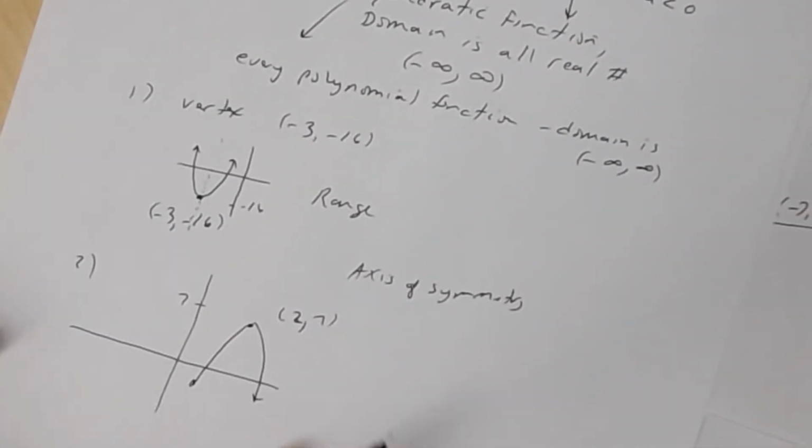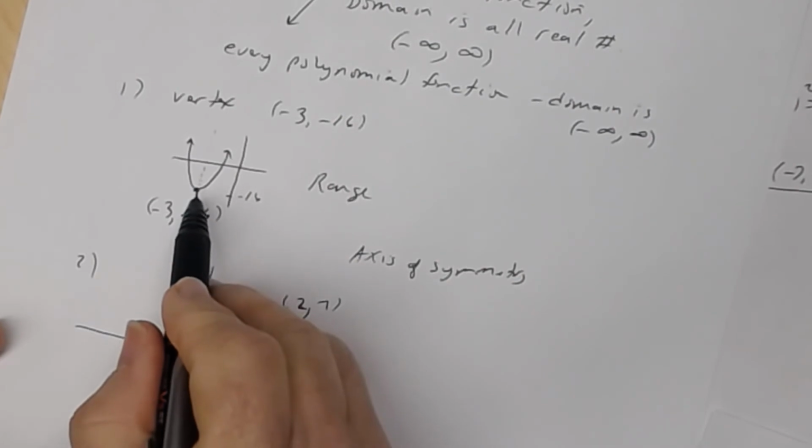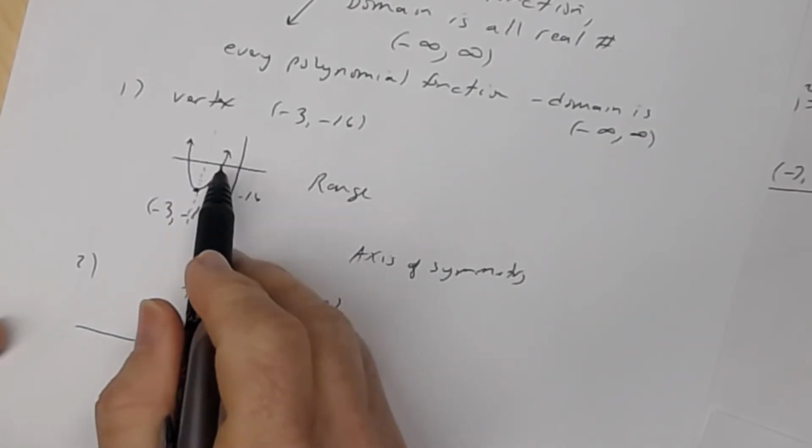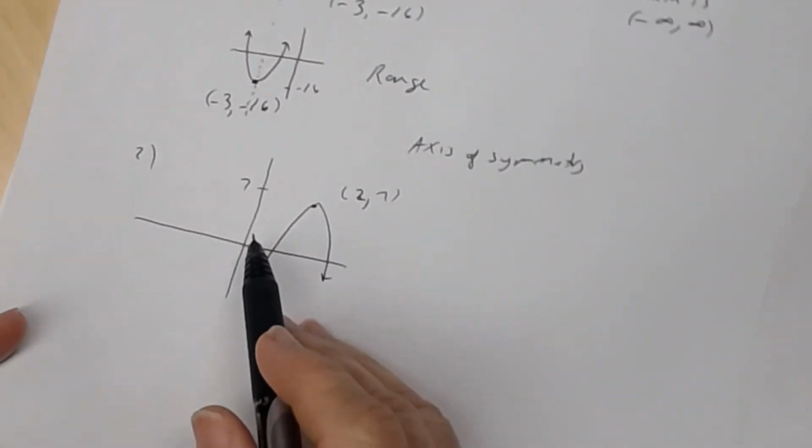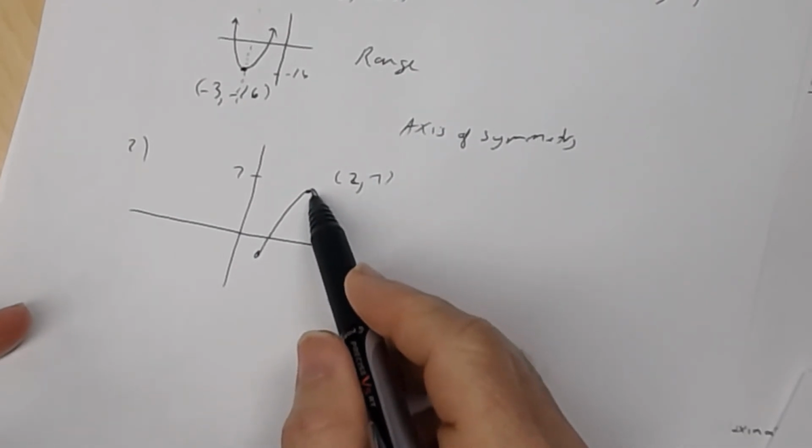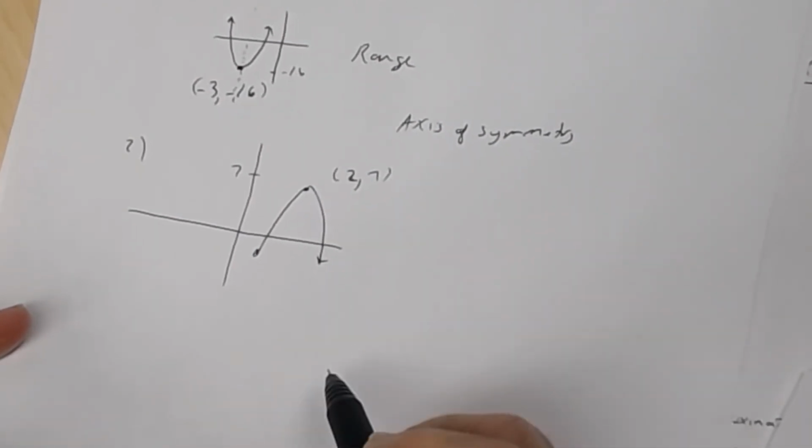Because if you look at what we had, see number 1, the vertex was in quadrant 3, and it opened up, so I did have x-intercepts. And number 2, the vertex was in quadrant 1, and it opened down, and I did have x-intercepts. But that's not always going to be.